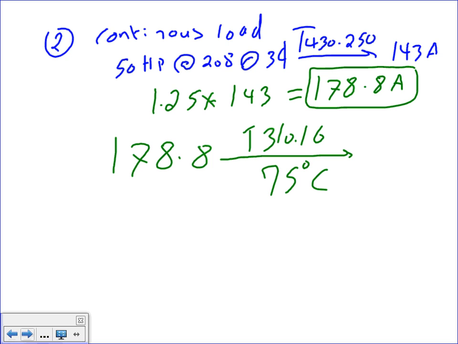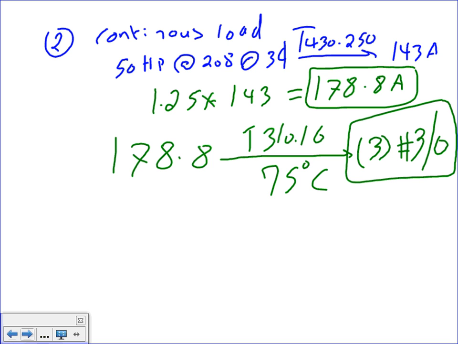So what would you get there? How many conductors? 3 conductors, and what's the size? 3 aught. Okay, 3 aught. What insulation? We'll leave that for another time. For fire pumps, you need a special type of installation.